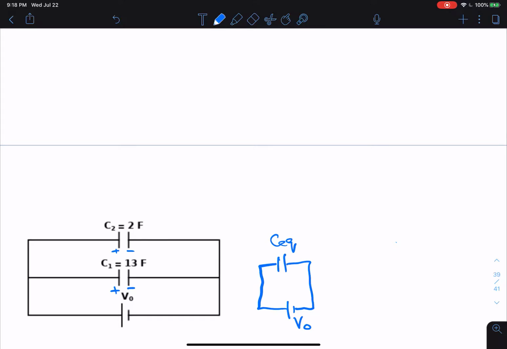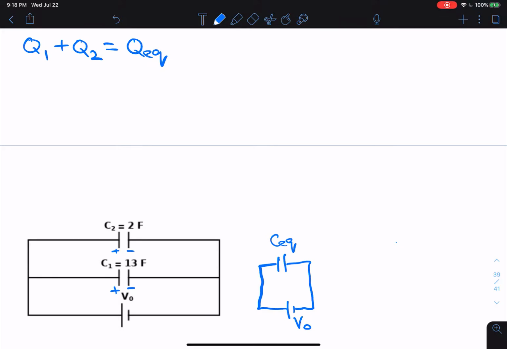So this gives us a relationship. Q1 plus Q2 has to equal QEQ. That has to be true based on this idea that the battery has to behave the same in both cases, has to put out the same current.